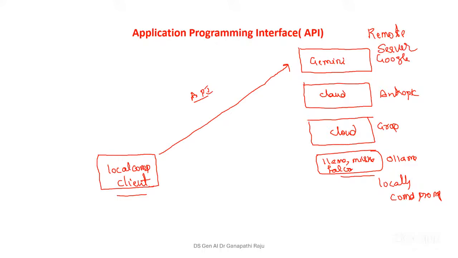So if you want to access them, first of all, we need to create a key. That key is called an API key. This key is required if you want to communicate from your local computer to any kind of Gemini models or Claude models or any kind of other models. So you need to create a key, the API key.